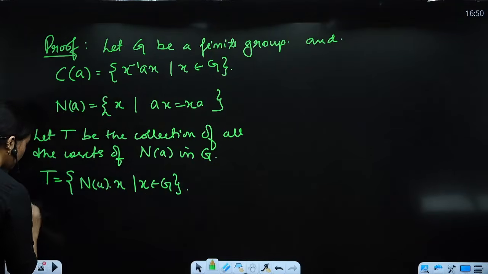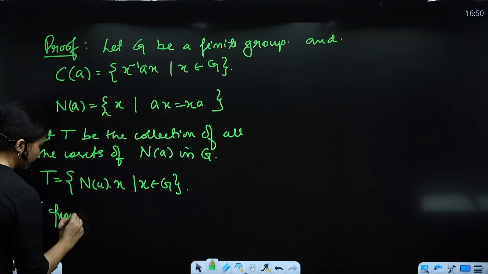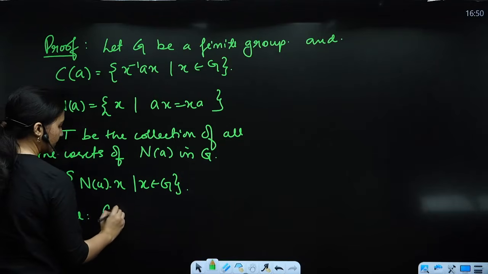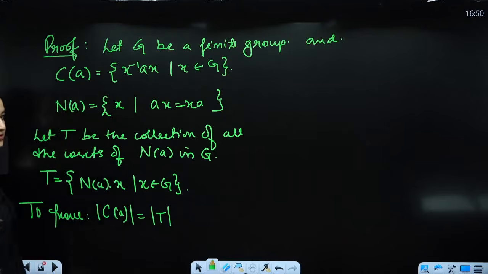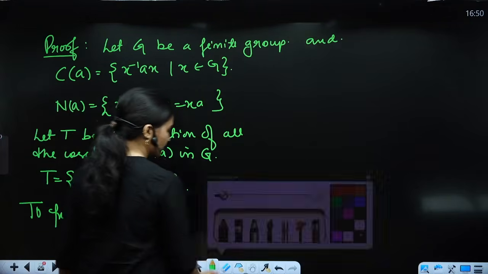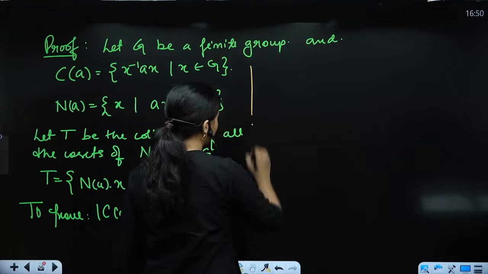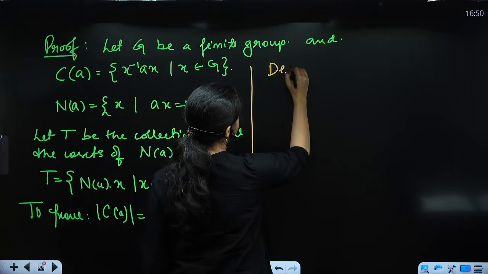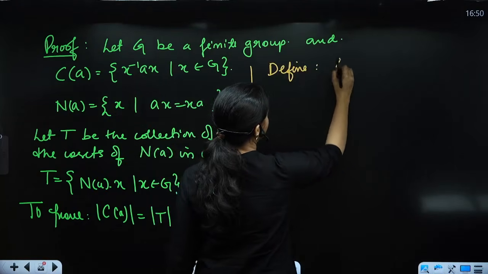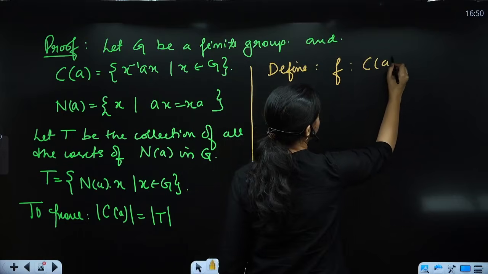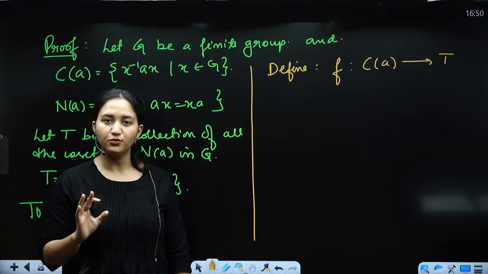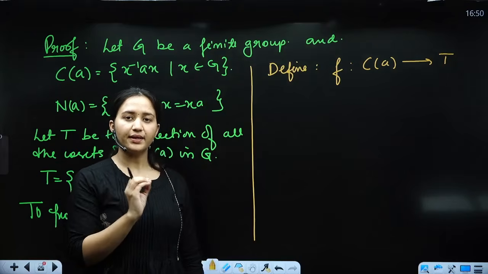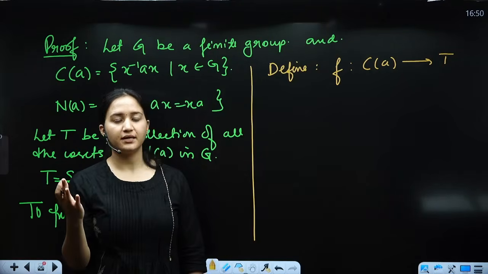Now what do we want to prove? To prove that the cardinality of C of A equals the cardinality of T, the number of cosets of NA, right? So what I am going to do is define a function f from C of A to T. Why? Because I want to show the cardinality of both of these sets is equal. I am going to make a bijection.